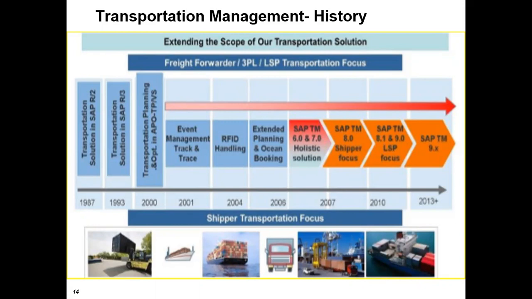Basically, TM also started from 5 and 4, but the main TM impact as a holistic, efficient solution integrated with SAP ECC, with SAP ERP Logistics 4.6 and others, started from SAP TM 6.0 and 7.0, because the system and the practice were not so developed before that.